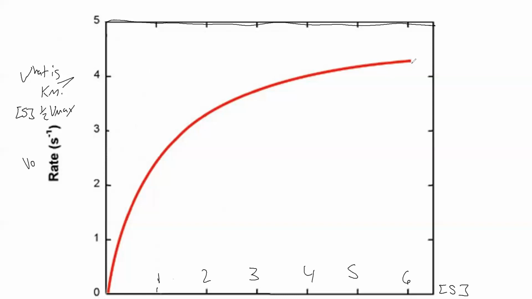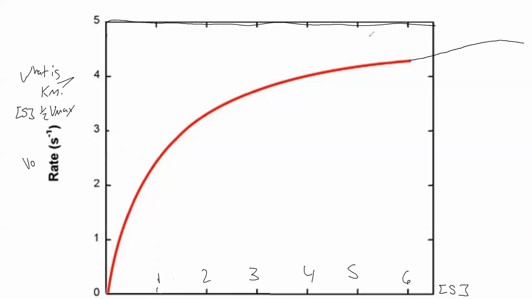But if you look at this graph, this line is still going up. We're not flat yet. And we have not added that much substrate. So this graph would probably just keep going up, small, small, small. Probably not as fast as I'm doing right now, but it will keep going up, and I'm just going to guesstimate that it's going to stop roughly at 5. So that's something we have to realize, that in graphs like these, unless the line's completely flat already, we have to know that, oh, we're not at Vmax yet.